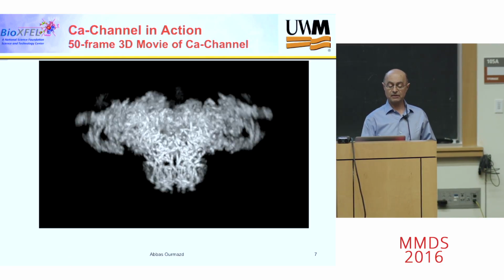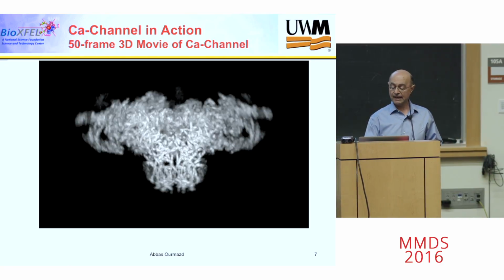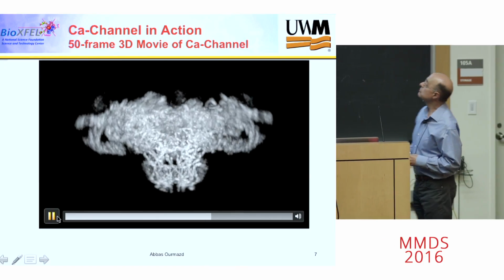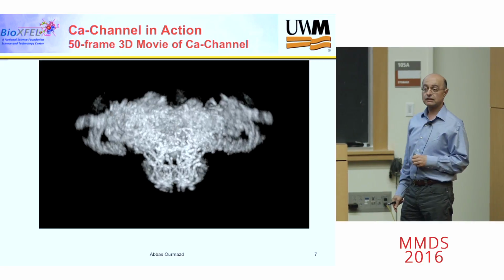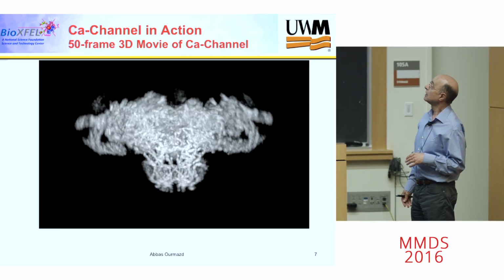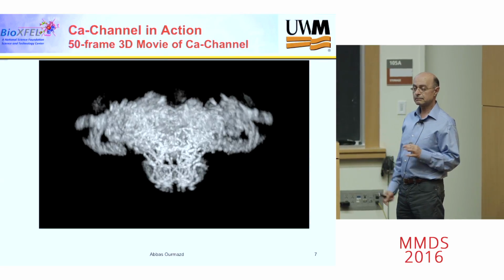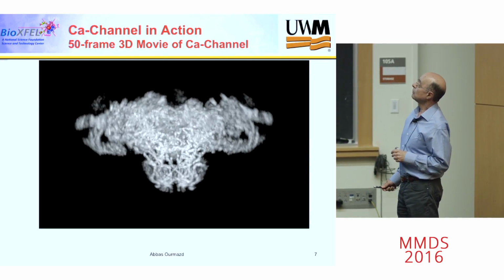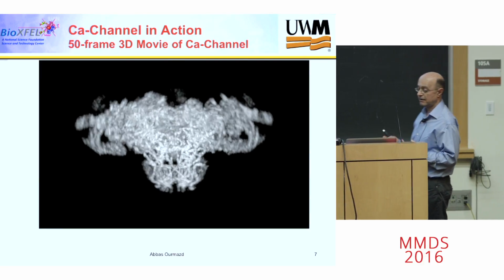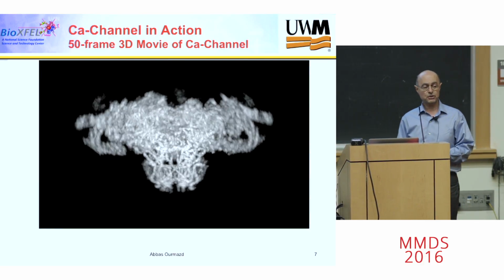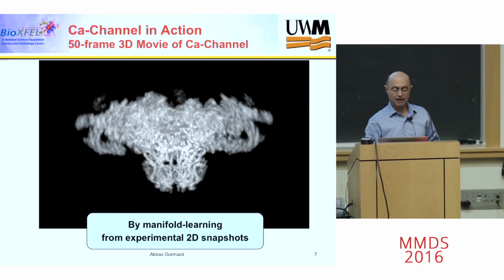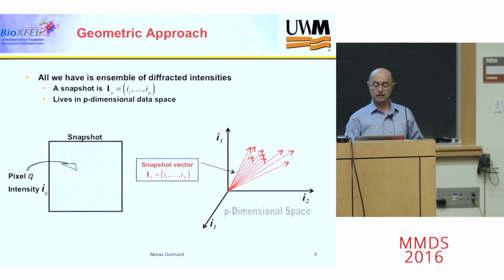The resolution is about 3 to 4 angstroms, and I'd like to show you a movie extracted from data of this kind, with no timing information. The calcium channel just in equilibrium, and we can talk about that later. I'll show you later how you can determine the work cycle of this nanomachine in action. This was obtained by manifold learning from experimental data, as I just described.